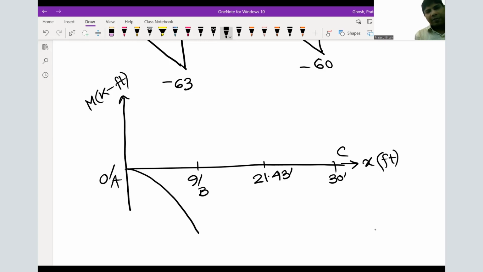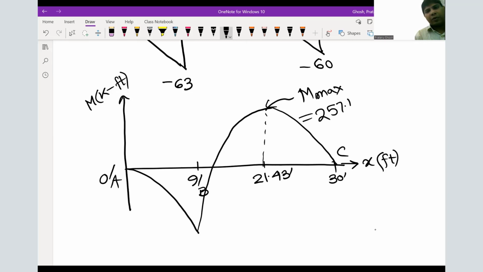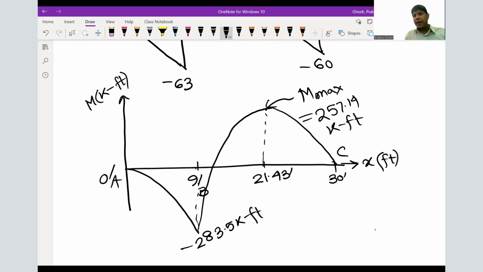Then it becomes maximum, 257.14 at 21.43 feet, and then it becomes 0. M max is 257.14 kip-feet, and this one becomes negative 283.5 kip-feet. So that completes your bending moment diagram.